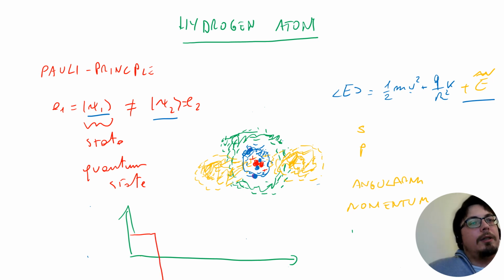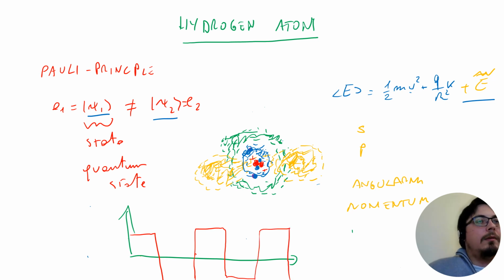Suppose we have this function here, which are square waves. And then suppose we have this other function, which is 0 here, 1 here, 0 here, 1 here, and 0 here. As you can see, where one is 0, the other is 1, and the other one is 0.